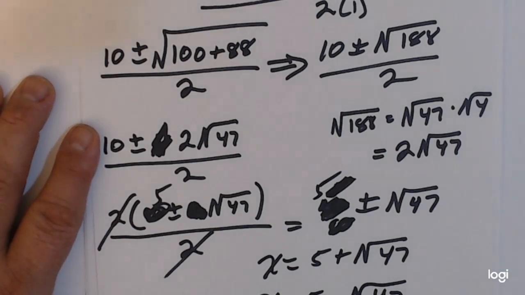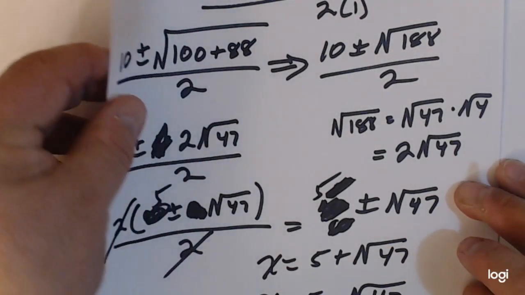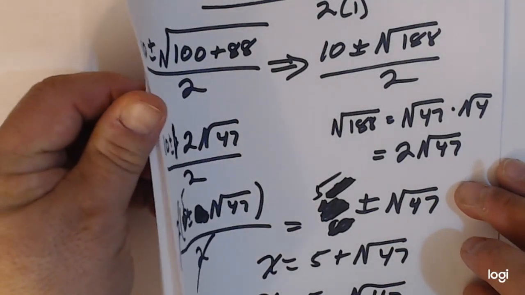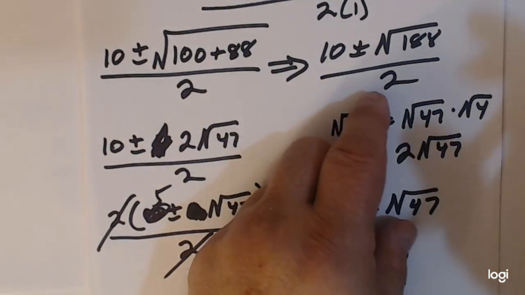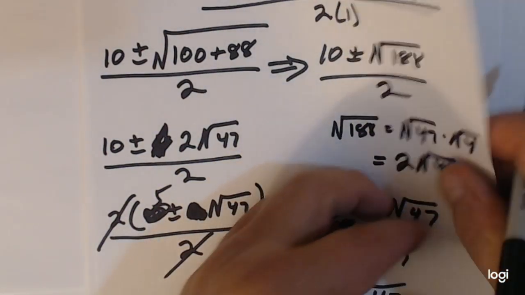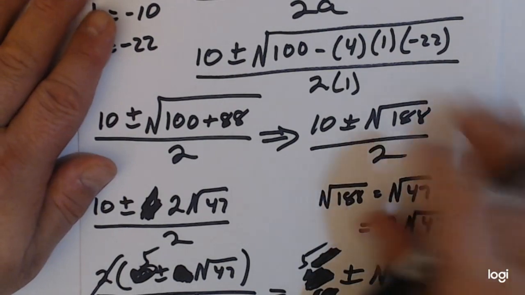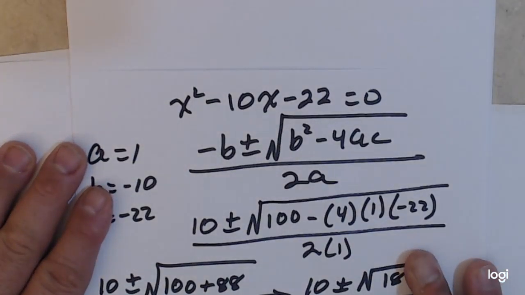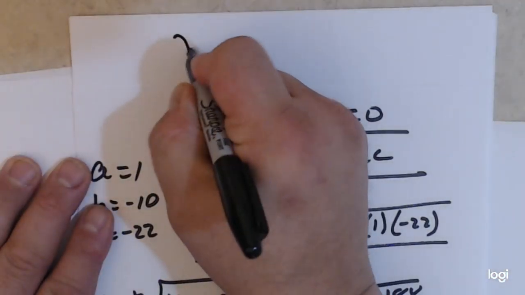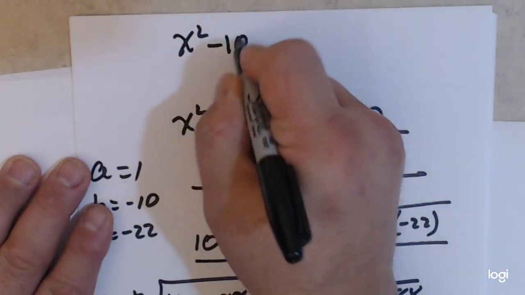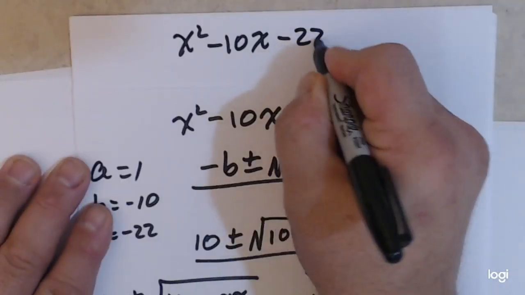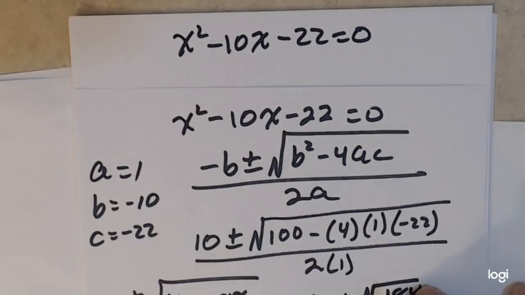So x is equal to 5 plus square root of 47, and x is equal to 5 minus square root of 47. So now let's take a look at where the vertex is. So we've got x squared minus 10x minus 22 equals 0.